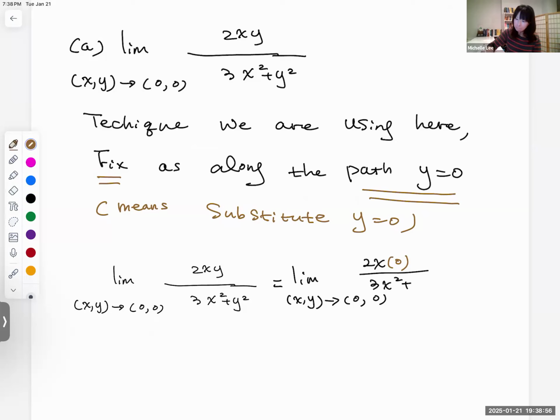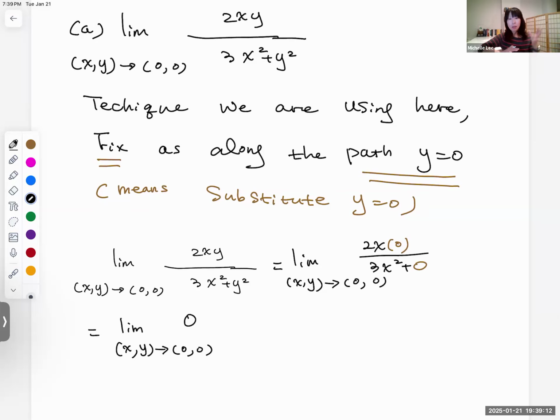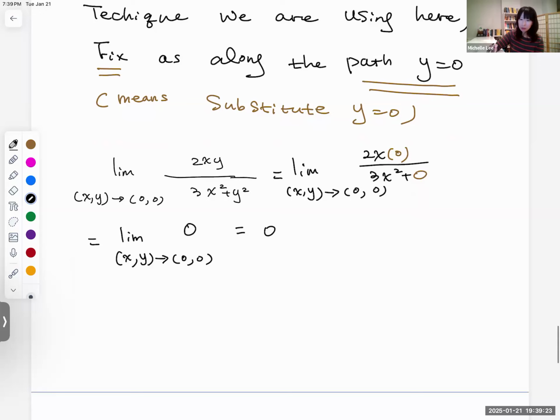So the numerator has the 0. So we have the limit as x, y approaches 0, 0, we get 0. Then we have the property that a constant equals the constant, which is 0.